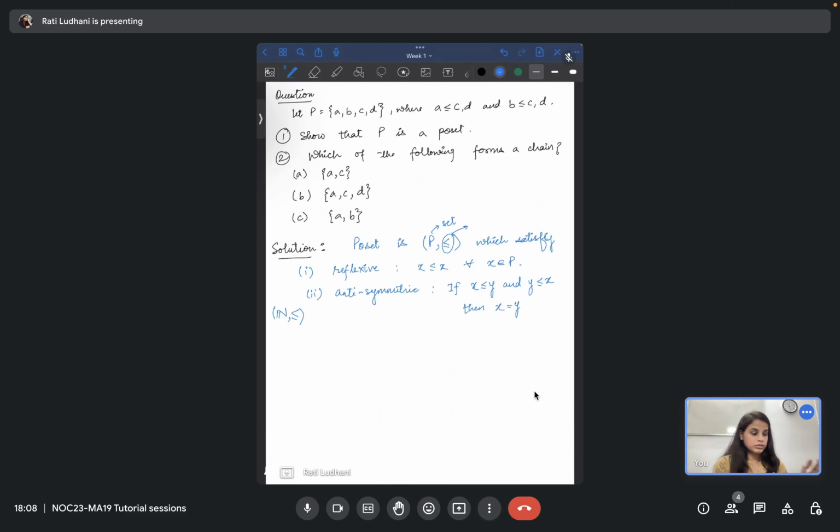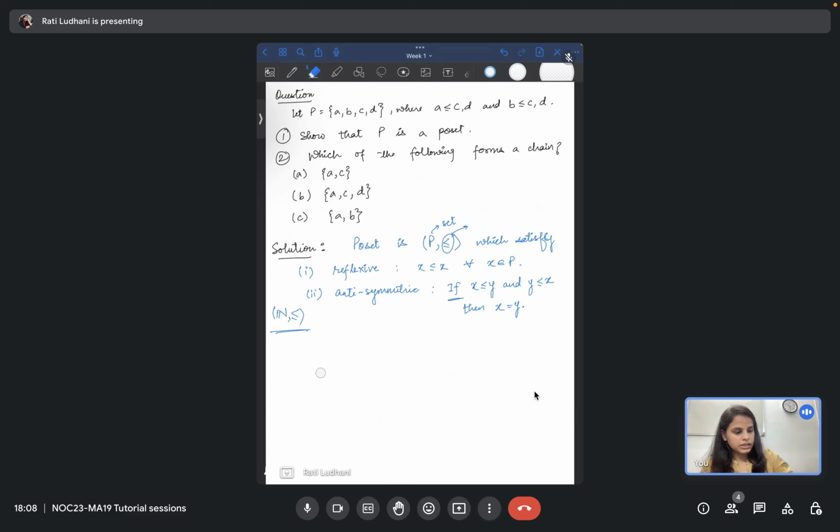Firstly these two conditions should be satisfied, then we can say that x is equal to y. Here in the natural numbers, if 1 is less than or equal to 2 and 2 is less than or equal to 1, both conditions cannot be satisfied if these two elements are not the same, right?